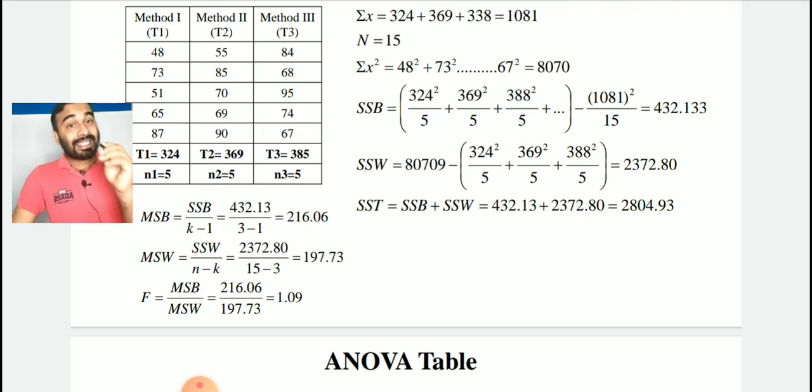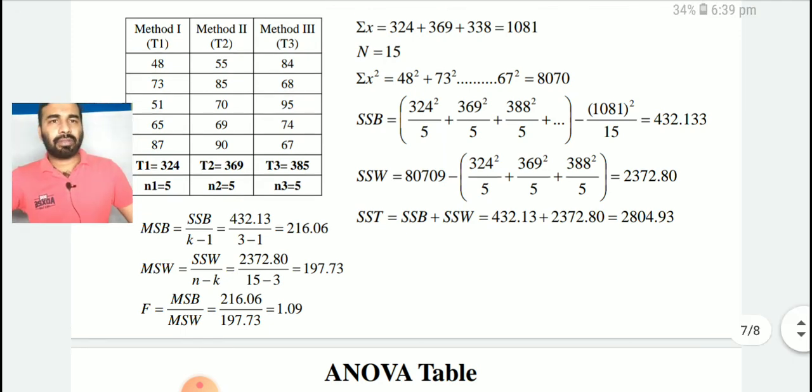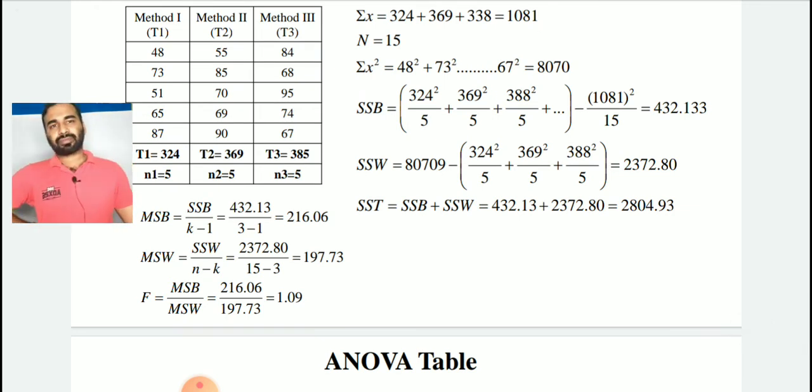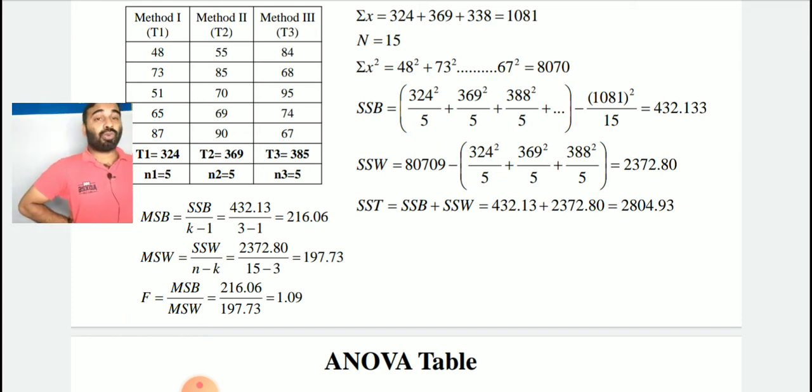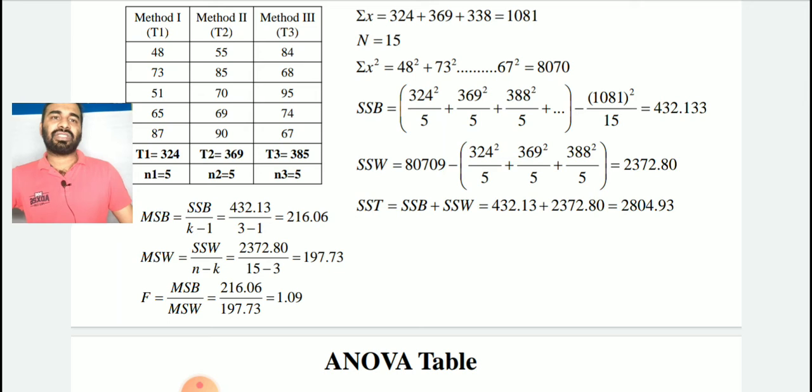MSB is nothing but SSB divided by K minus 1. So it will be 432.13 divided by K minus 1, which is 3 minus 1, so it will be 216.06. What is MSW here? SSW divided by N minus K.